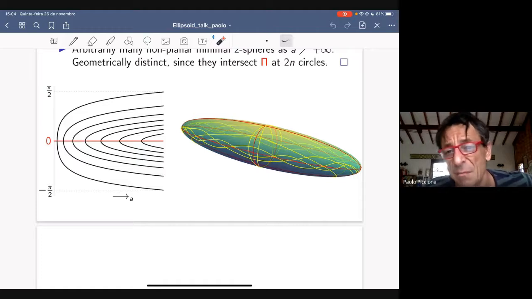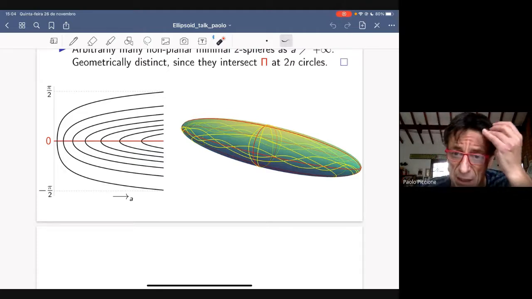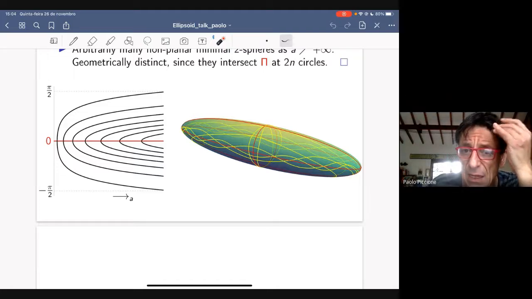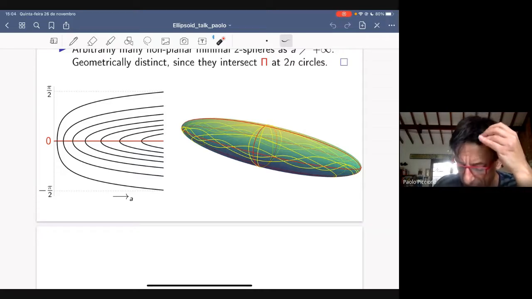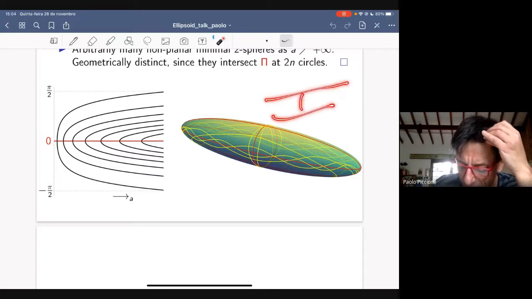But minimal submanifolds of the cylinder are studied, okay? And there's this paper by Harold Rosenberg that describes these, and basically what they are either just simple slices of the product, okay?